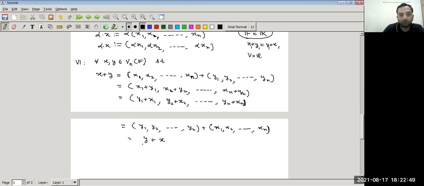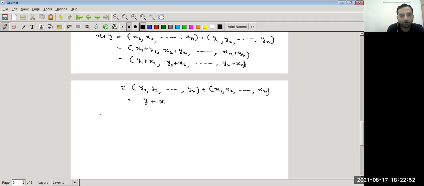So x plus y is equal to y plus x. So for all x, y belonging to Vn(F), the vector space of n dimension over the field F, x plus y is equal to y plus x. So the closure and commutative properties are satisfied. Now V2: for all x, y, z belonging to Vn(F).